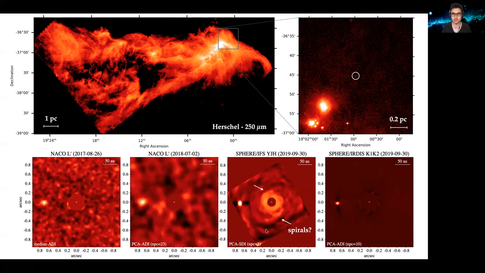In the IFS image that you obtain after modeling and subtracting the emission from the star using spectral differential imaging, we can see some potential spiral arms, with possibly the main arm connecting to a point source, which is very interesting, although the spirals are still tentative.